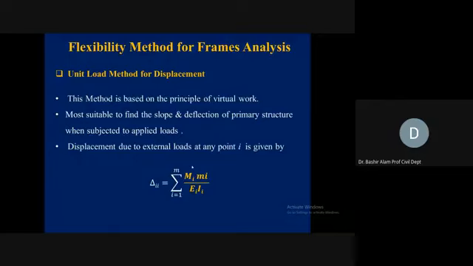So we need to find out the product of these m's, take the integration over the applicable lengths divided by EI, and we sum up the effect of all the members. Then that way we can find out the deflection at a specific location.